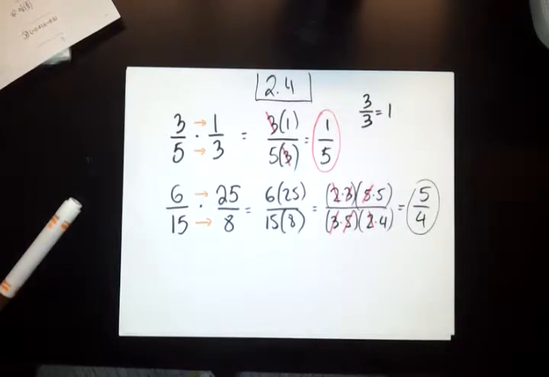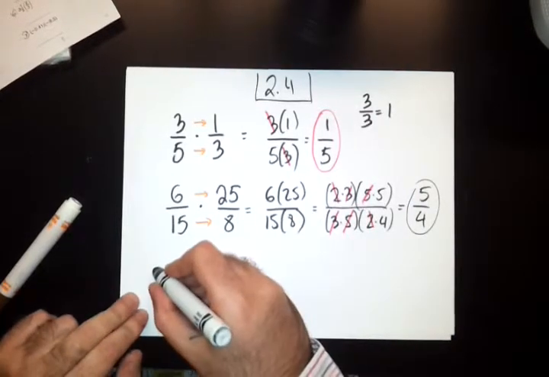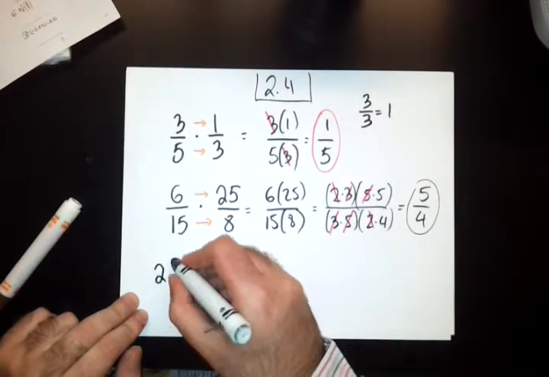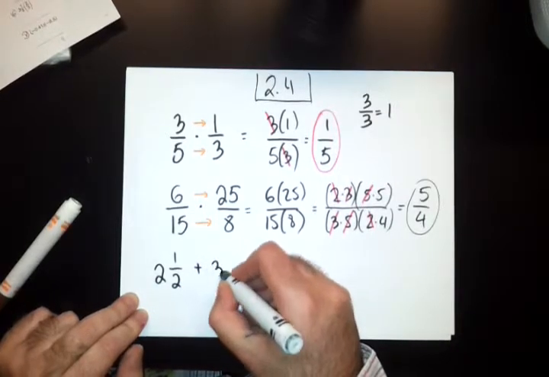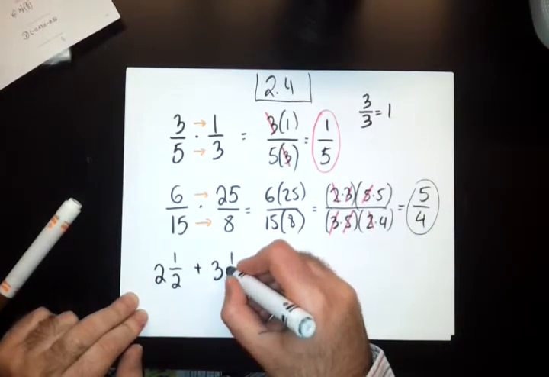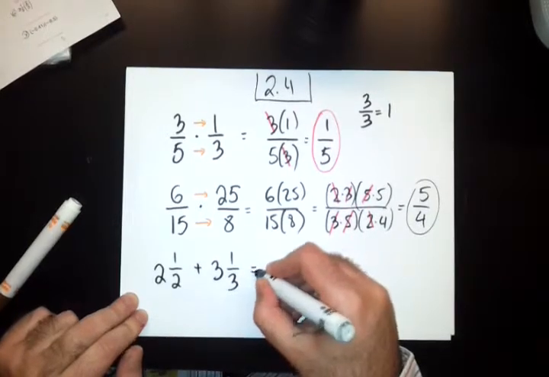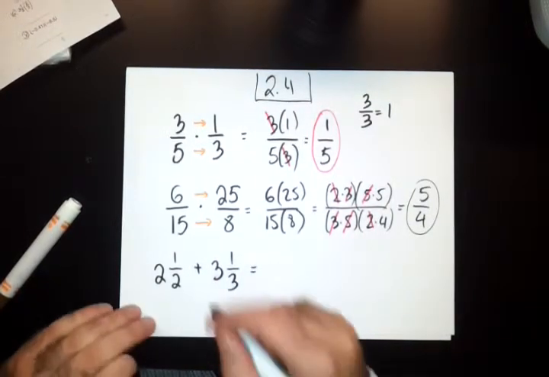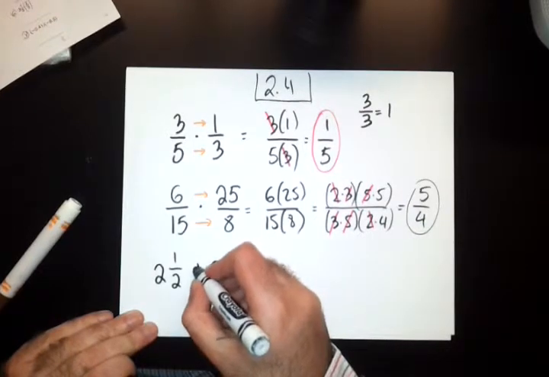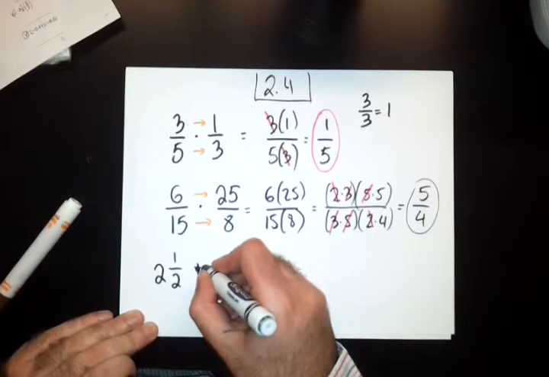You could also run into a problem like this where you have a mixed number, 2 and 1/2 times 3 and a third. Just like in the addition problems, the first thing to do here, sorry, not add, but multiply.